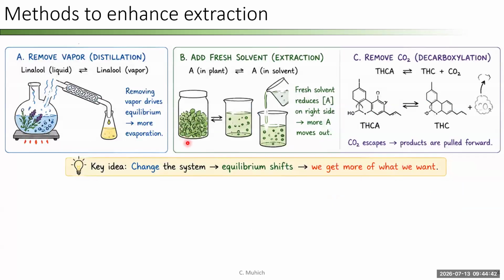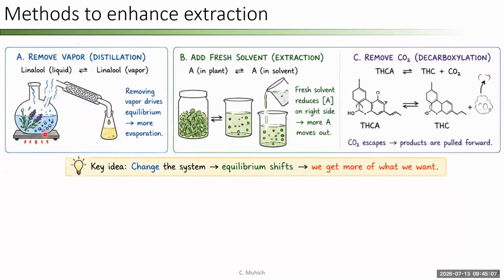All right, so let's take all of this that we've talked about and put it in terms of extractions. We've talked about how if I remove products, I can drive the reaction forward.